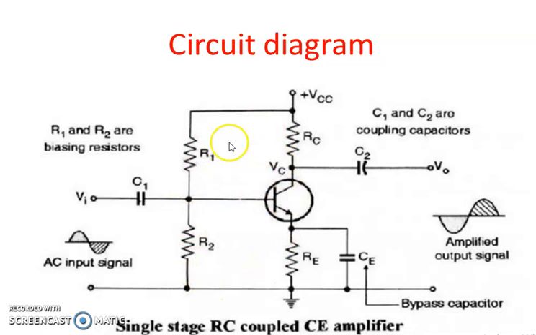Using this voltage divider biasing, the transistor is biased in the active region, and the operating point of the transistor will be in the center of the active region, so that proper amplification will occur. If the operating point is not at the center of the active region, then the amplified output will have some distortions. So this is the circuit diagram of an RC coupled amplifier. There are 4 resistors and 3 capacitors, and it is biased with the supply voltage VCC.